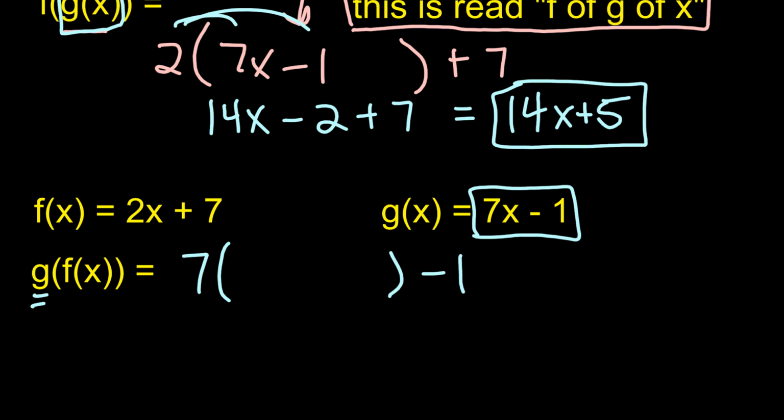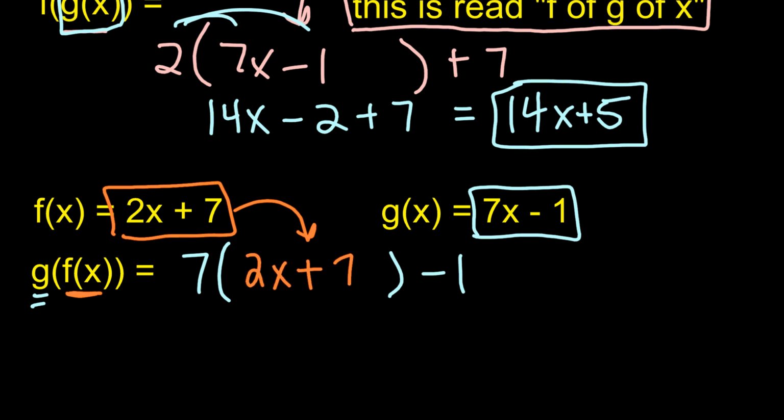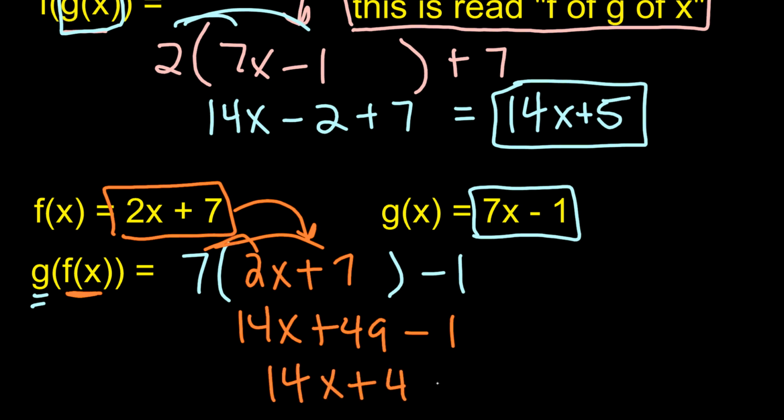And then what I'm plugging in is f of x, which is 2x plus 7, where there used to be an x in the g function. So g is 7x minus 1. I wrote that down, but instead of x, I put big parentheses, and I'm plugging f in there, so it's 2x plus 7. Distribute the 7 in, we get 14x plus 49, and then this minus 1 on the outside. So this simplifies down to 14x plus 48.